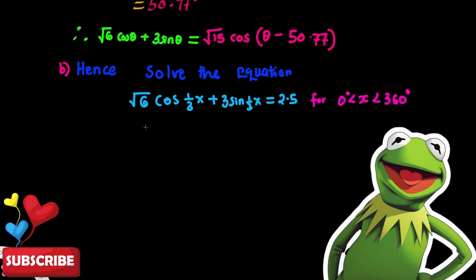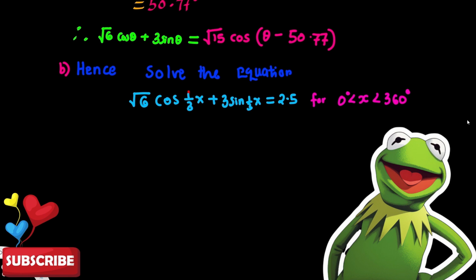So something that you need to remember is that in this part we can replace whatever we have on the left hand side with whatever we had obtained in part A, which is root 15 cos of theta minus 50.77.